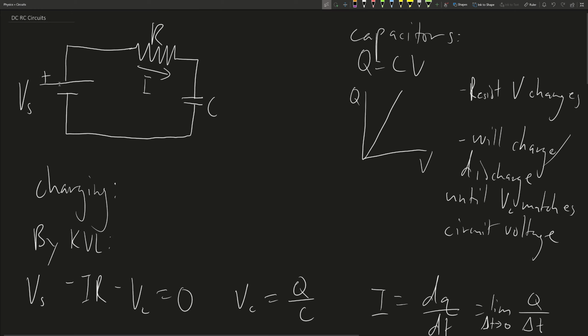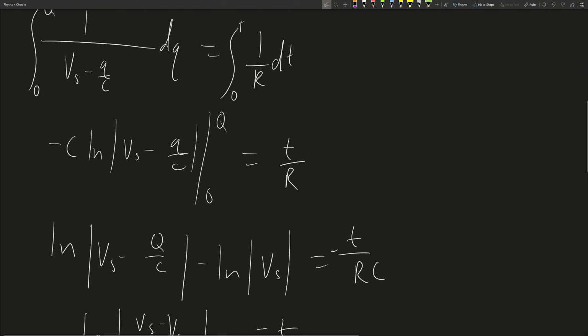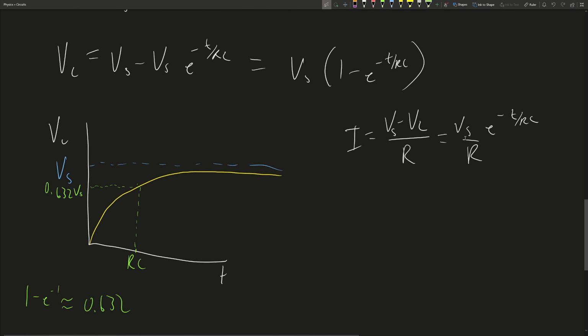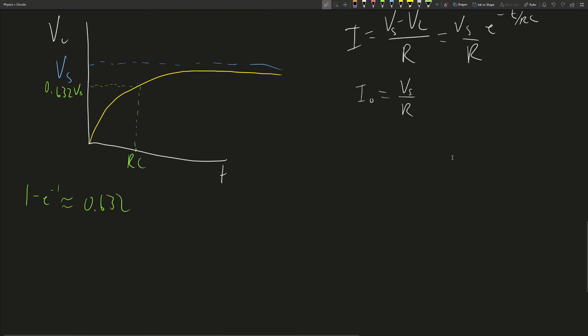So just the battery and this resistor will give a current of Vs over R. And so we'll call this current I0. So I0 is equal to Vs over R. And so we can rewrite this current equation as the current through the circuit is equal to I0 times e to the negative t over RC.